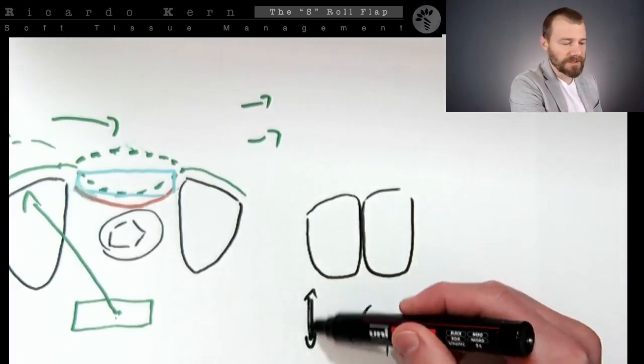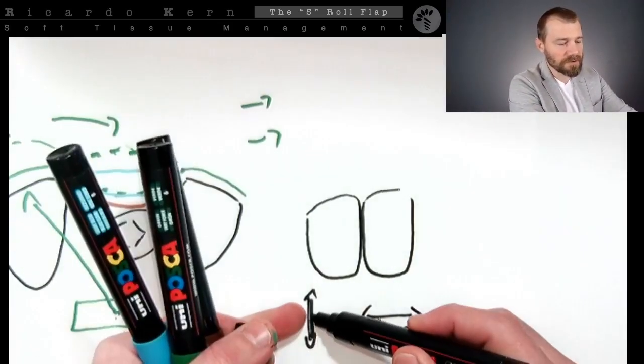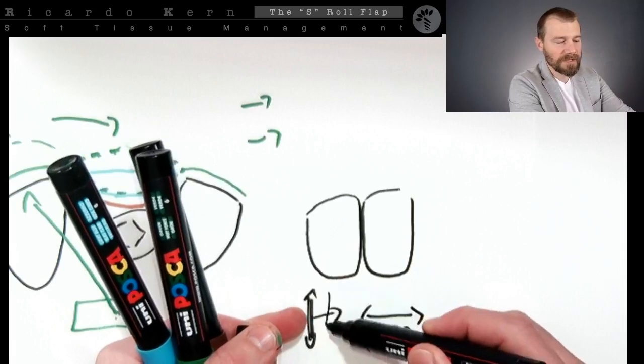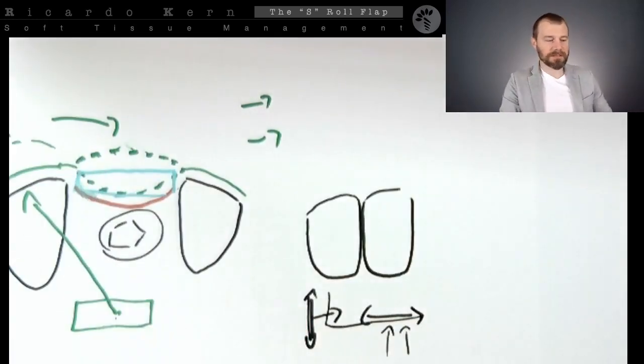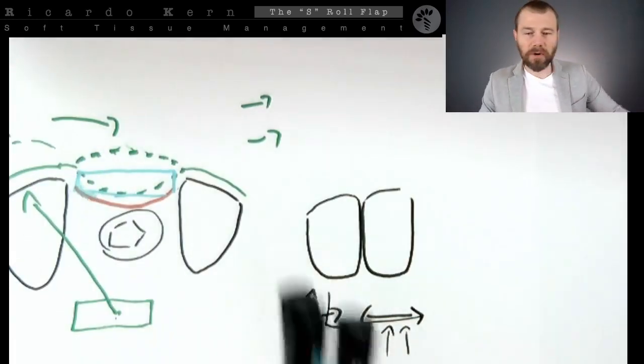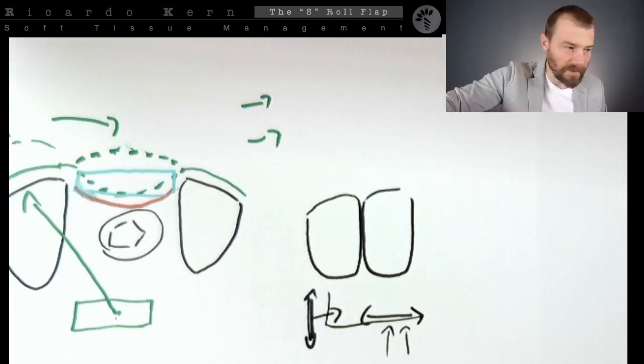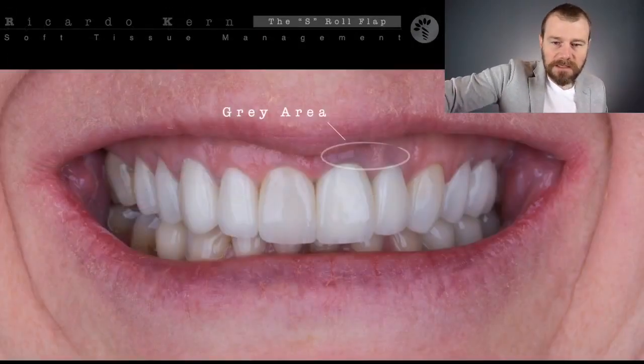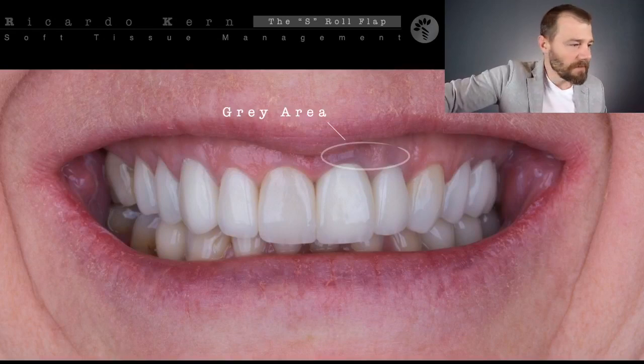When you do the incision this way, you can start tunneling from the side to bring the connective tissue to your area of interest. It's more difficult to do this job the other way. What you see on the case is that you have a gray area.